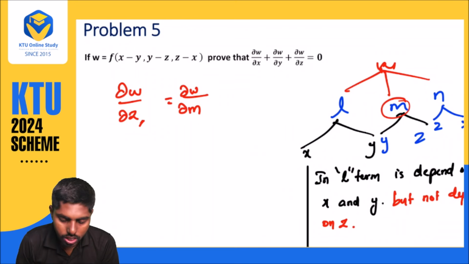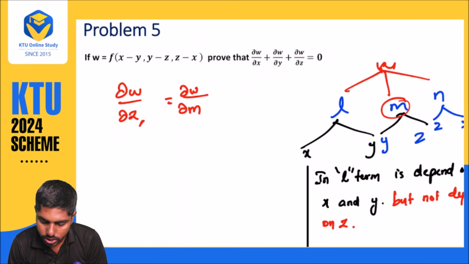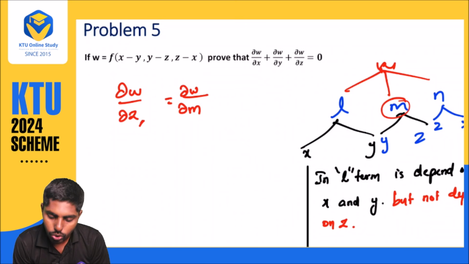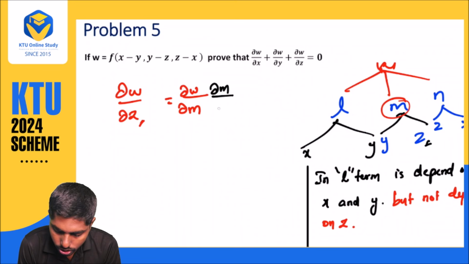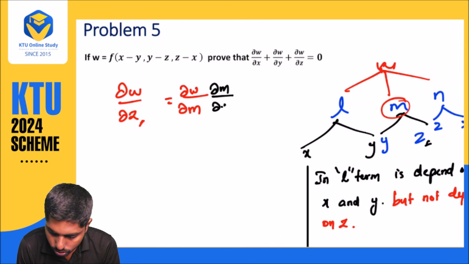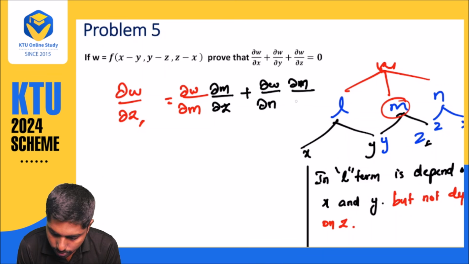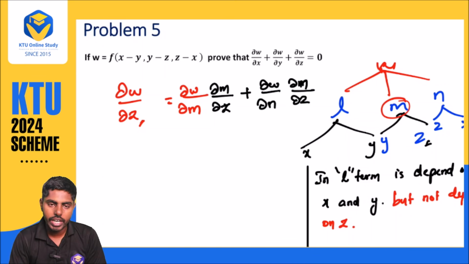Here they are asking about z, so it is not dependent. So what is dependent? Dou w by dou m is dependent, m is dependent on z. Similarly dou m by dou z plus dou w by dou n into dou n divided by dou z. Now solve the formula. If you identify each and every value, you can solve the problem.